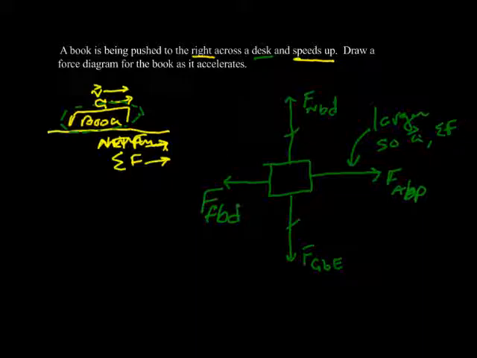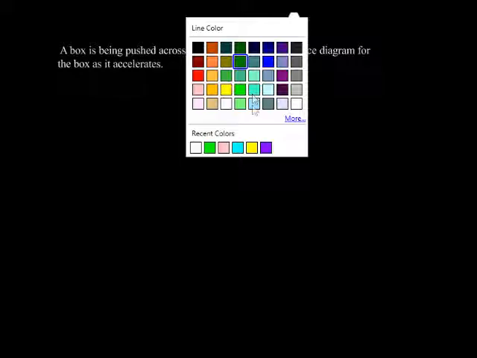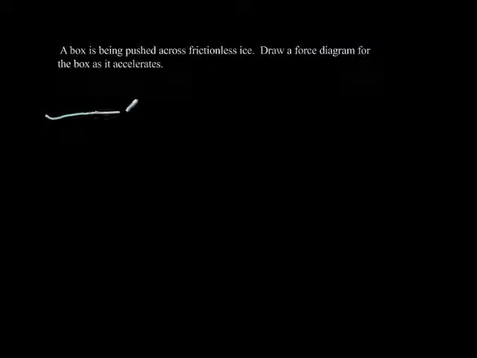Moving on to the next example. A book is being pushed across frictionless ice. Draw a force diagram for the box as it accelerates. So a little bit different here. I'm going to draw a book being pushed across frictionless ice. There's my book. Same thing, velocity.